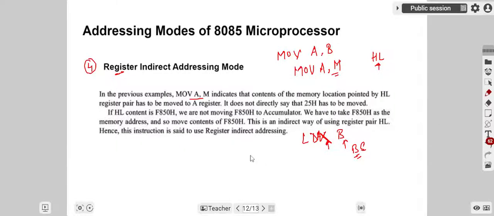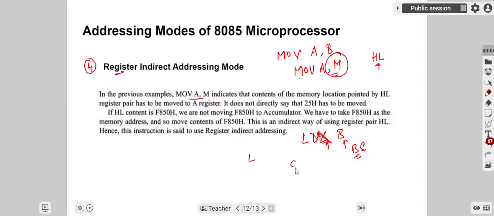Where we find this X as the last character of the mnemonic, it itself means that it is in the category of register indirect addressing. Also, there are some other instructions which fall under this category, like MOV A comma M, because one of the operands has been provided indirectly here. So there are a lot of instructions which again fall under this category.